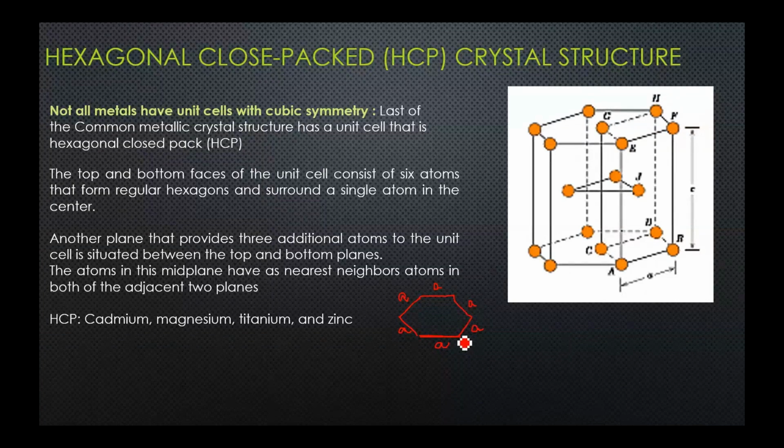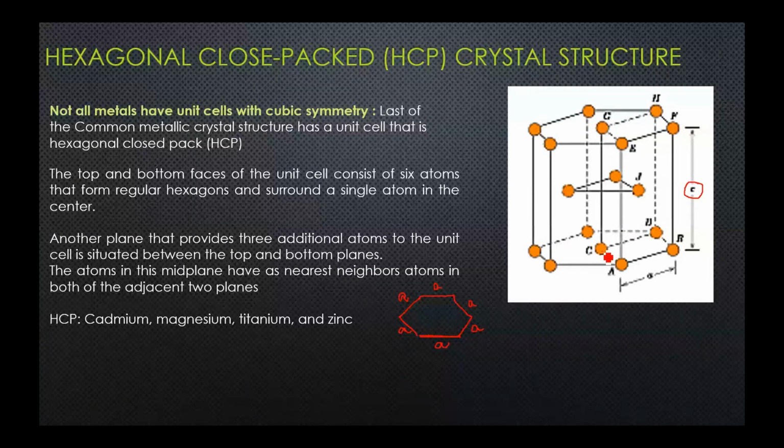But the problem comes that you have to define the height of the hexagonal crystal structure in order to geometrically draw or represent it. So another lattice parameter for hexagonal crystal structure is defined by C, which defines its elongation or depth along the z-axis.